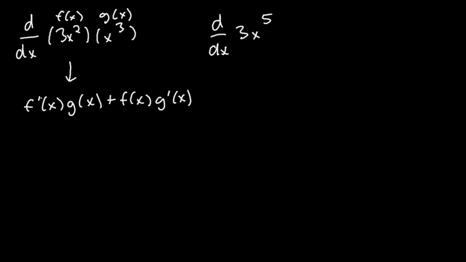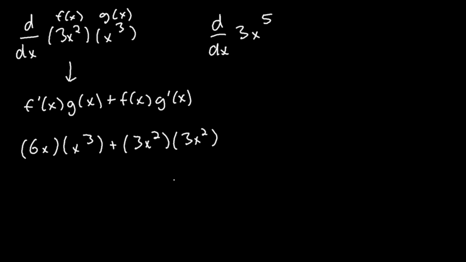So the derivative of f of x is 6x, right? So 6x times g of x, which is just x to the power of 3, plus f of x, which is just your function, 3x squared, times g prime of x, which is 3x squared as well.